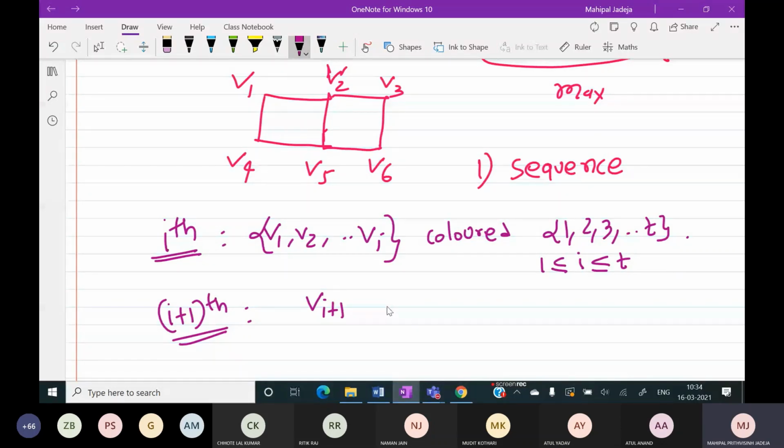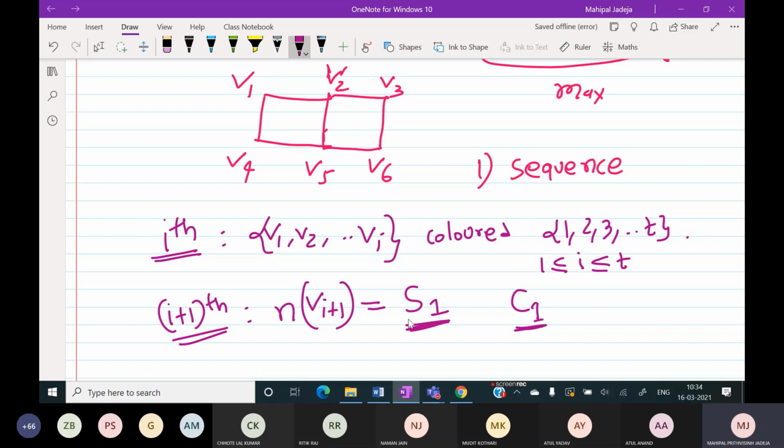The neighborhood of this particular vertex is nothing but a set, and let me call that particular set S1. So S1 is nothing but your neighbors, the neighbors of Vi plus 1, and I'm also using the corresponding set C1 where this set S1 is colored using this set C1, right?